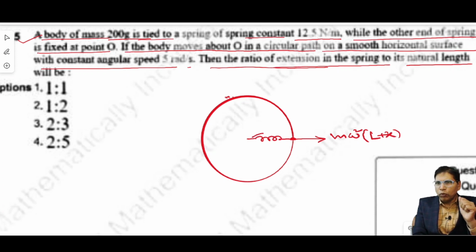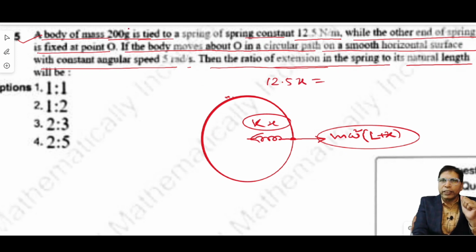Now here the spring force is K into X. Okay. So this force is equal to this force. Understood? Now look at this. K is 12.5 into X. This equals the mass, and the mass is 200 gram, that is 0.2 kg.